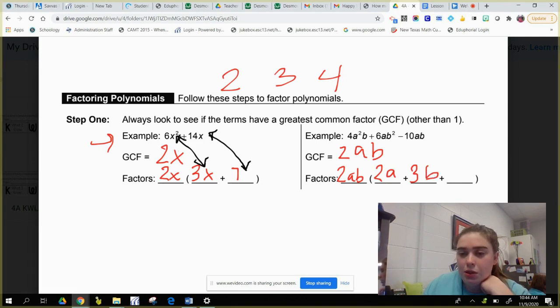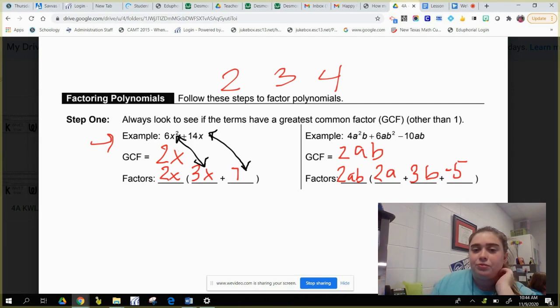And then on the last one, -10 divided by 2 is -5. And then we took out an a and a b, so on this one, we're just going to be left with a constant since both of those variables are being taken out. So that was how we find the greatest common factor and take it out and write our final answer.